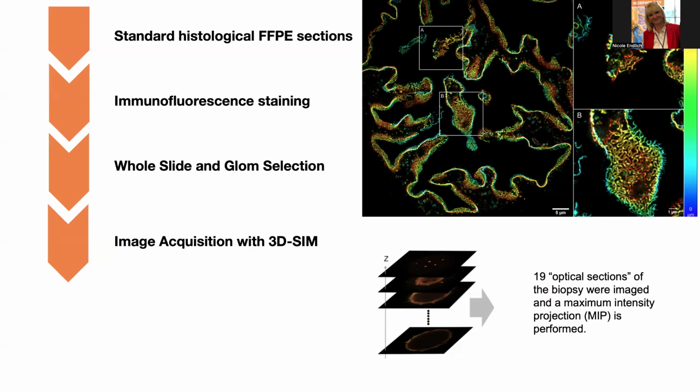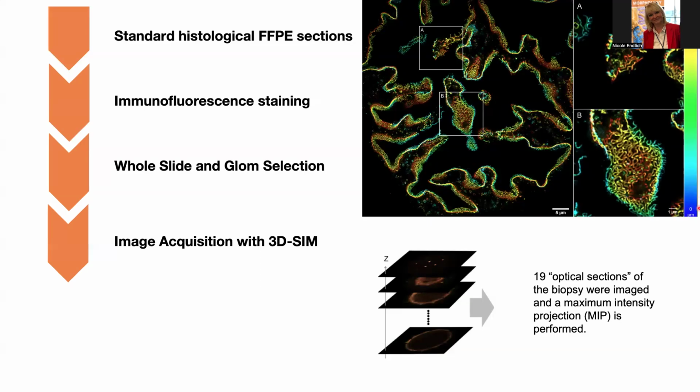Okay, then you see here the visualization of the filtration slit of one glomerulus. This is in a color-coded way after the images of these optical sections were put together as a so-called maximum intensity projection, in abbreviation MIP.